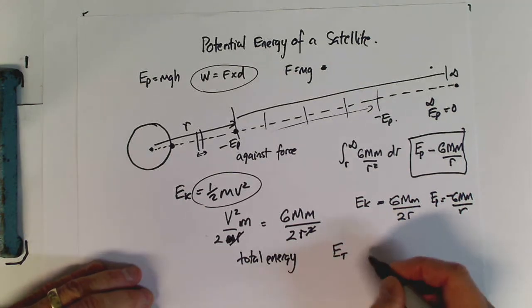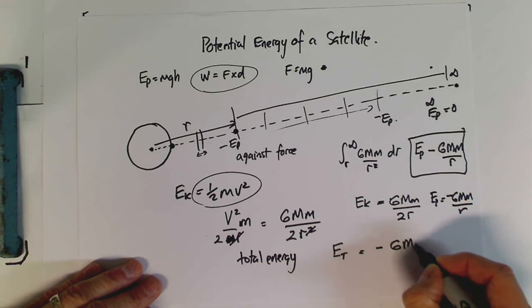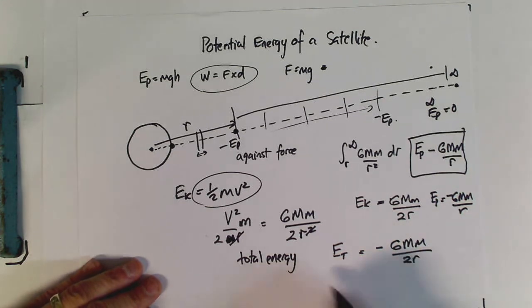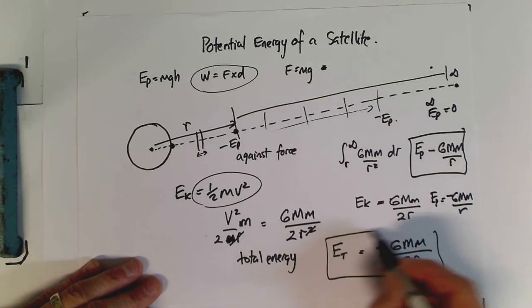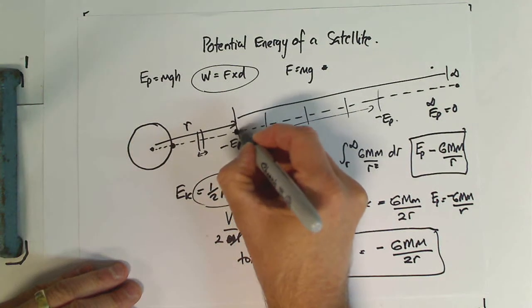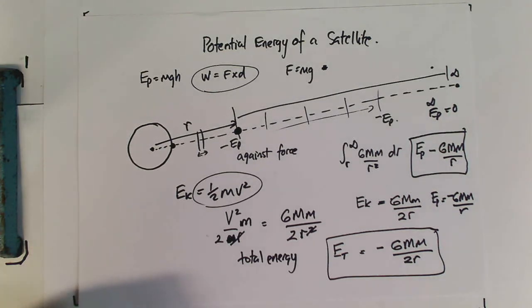So the total energy must be minus big G, big M, little m, all over 2R. It's the total energy. So we've now worked out a formula for the total energy of the satellite at that point. And it's negative. Now we're going to see a similar thing when we do the electron orbiting the nucleus. That's why this was so important.